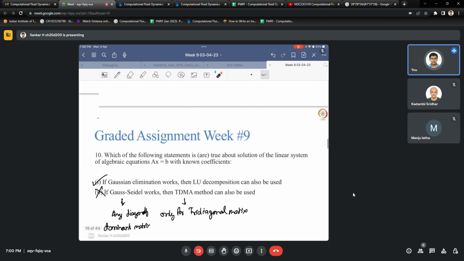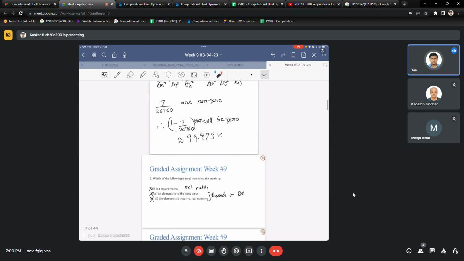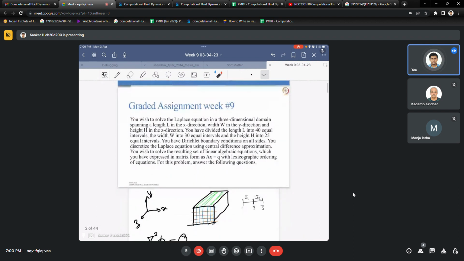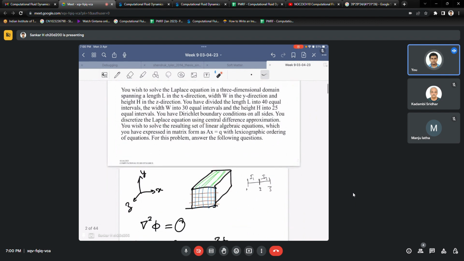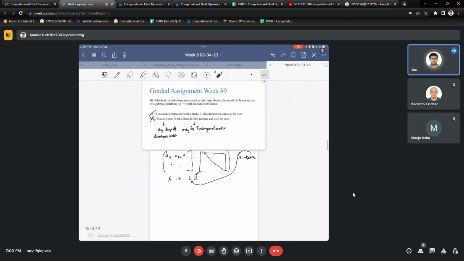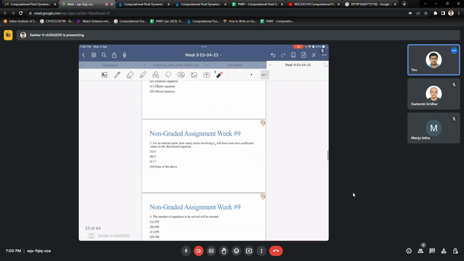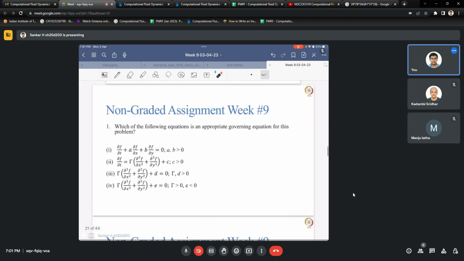Whatever we have started with has already been there in week 2, which asks us to solve the Laplace equation in a three-dimensional domain, discretizing it with a central difference approximation. So let's get back to whatever we were doing till now and answer the non-graded assignment questions for that.